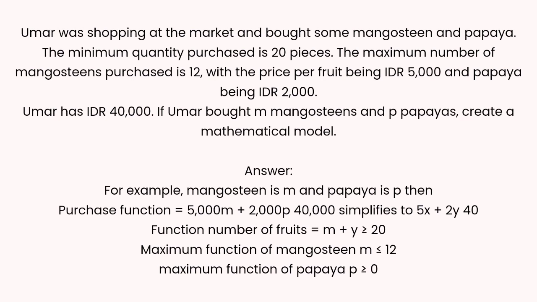The answer is, for example, mangosteens is M and papaya is P. Then the purchase function is 5,000 M plus 2,000 P less than or equal to 40,000, which simplifies to 5x plus 2y less than or equal to 40.